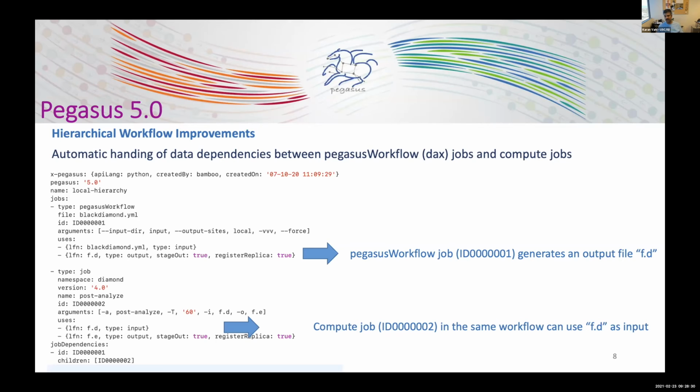So we have tried to address this in the Fibo release, where you can, in your hierarchical workflow, specify that I have a sub workflow or Pegasus workflow that generates an output file, and then there's a child compute job that relies on it, and Pegasus will just set up your data dependencies for it automatically.